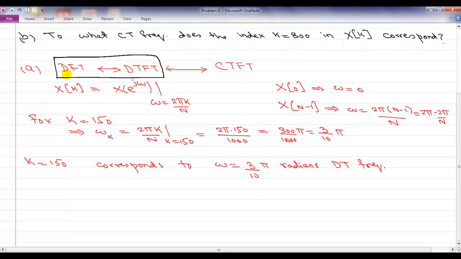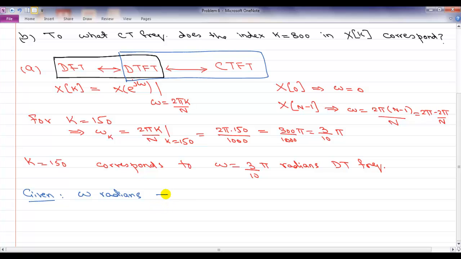We have addressed this. We now need to remember this part of the problem, and then we will combine the two. So if I am given little omega radians, what is that in continuous time?